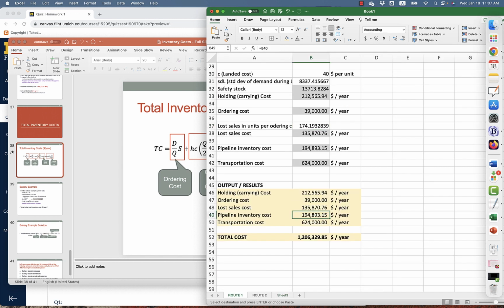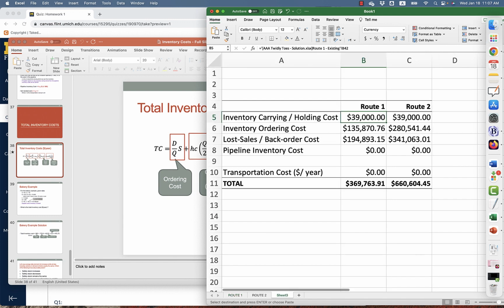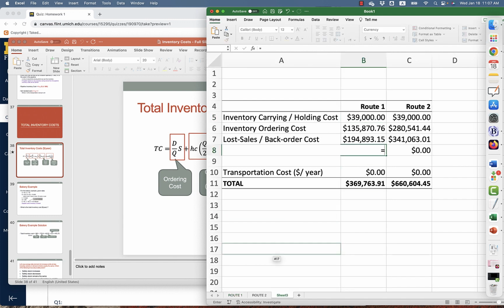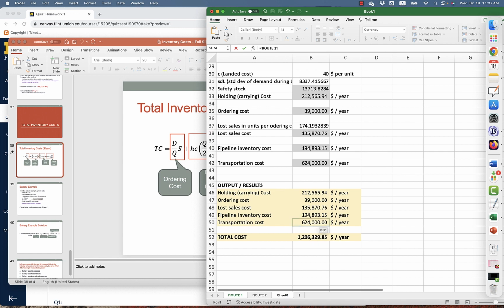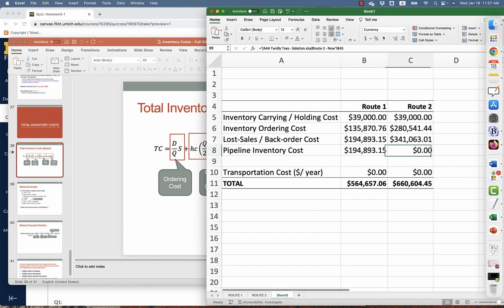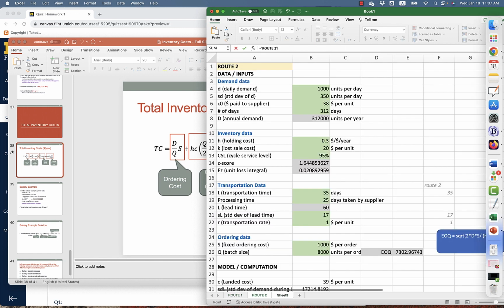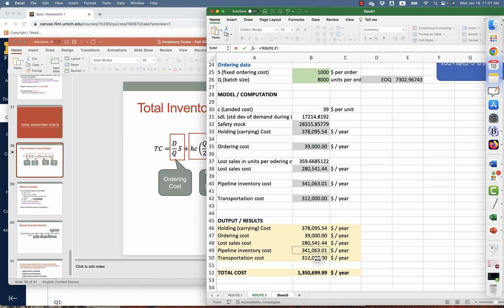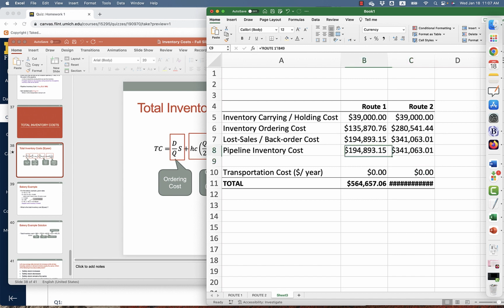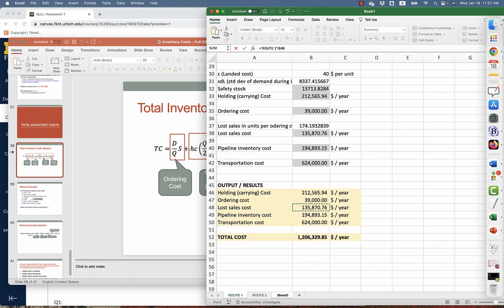Okay, so route 1 pipeline inventory cost, you can just say this equals route 1 pipeline, and this equals route 2 pipeline. Then lost sales cost is above that, so this is going to be this.